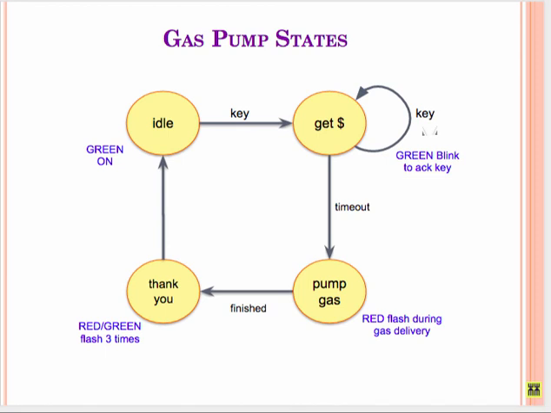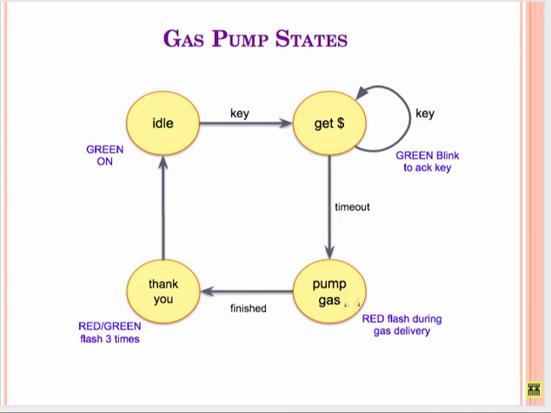And if after a long while you don't hit any additional key, that means you are done with the input money part. That's where the timeout comes in. When the timeout comes in, you transition from the get money state into the pump gas state.